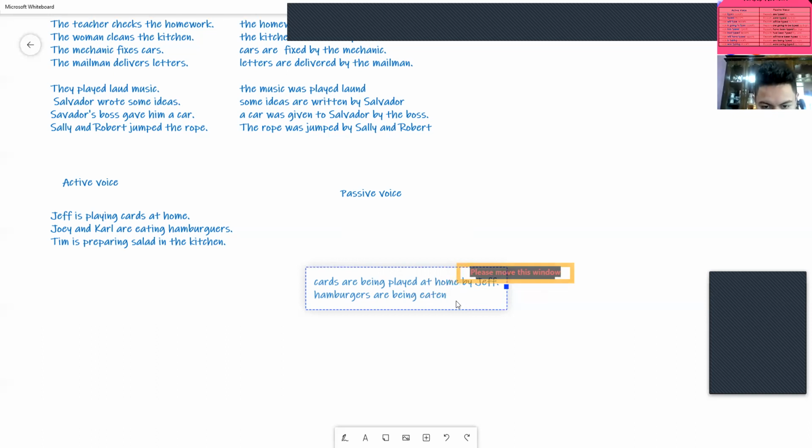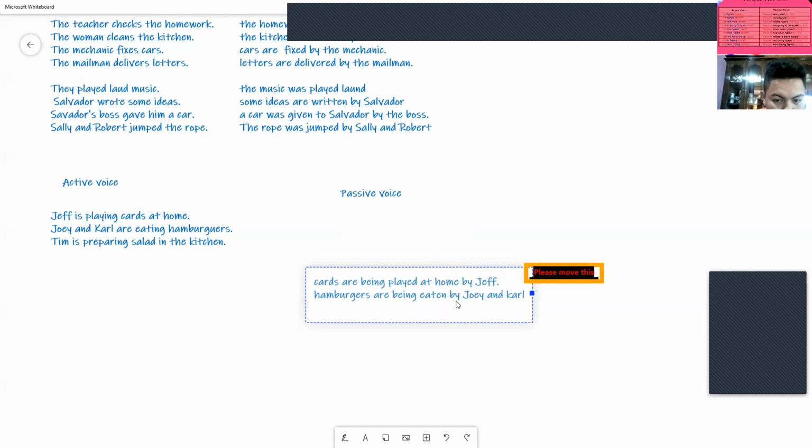No, así. Join in the car. Ok. Luego sería the kitchen.